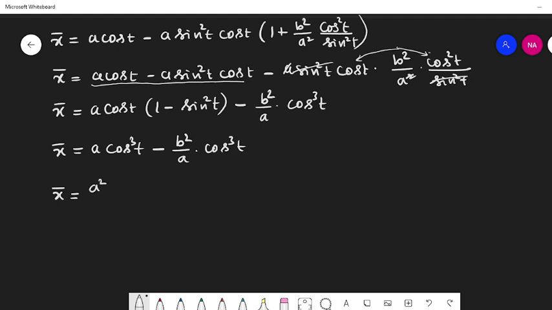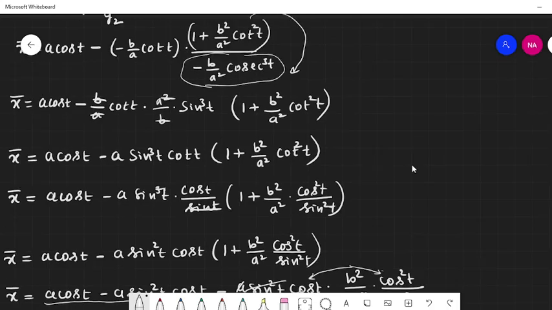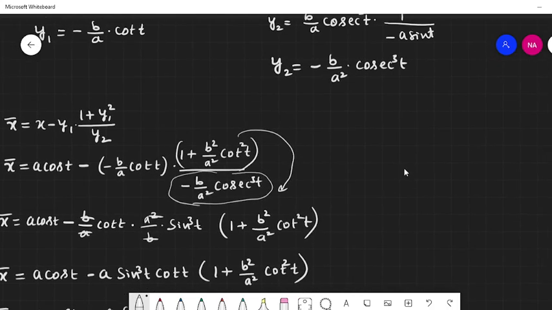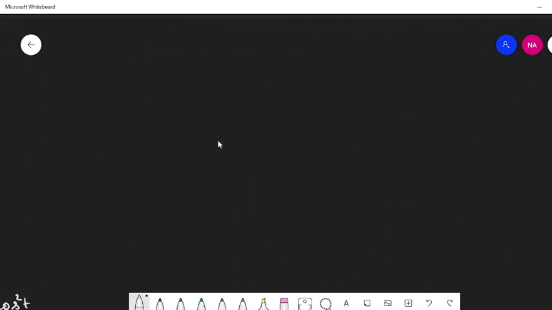You get a square minus b square by a into cos cube t. That is about x bar. Now I have to get y bar. So that I'll discuss here.